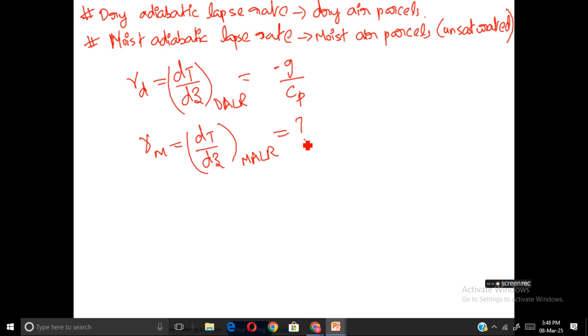We will start with the first law of thermodynamics. So we are going to derive the equation for moist adiabatic lapse rate.